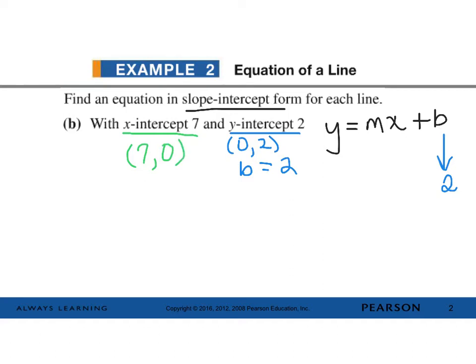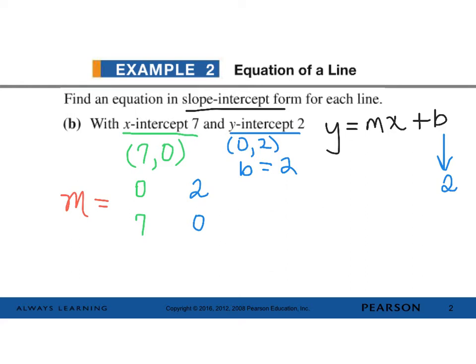Now with this information, we are well equipped to find the slope because we have 2 points. We have the point 7, 0, and we have the point 0, 2.